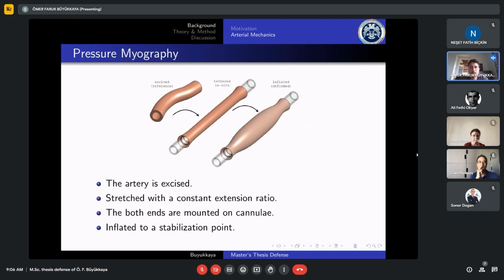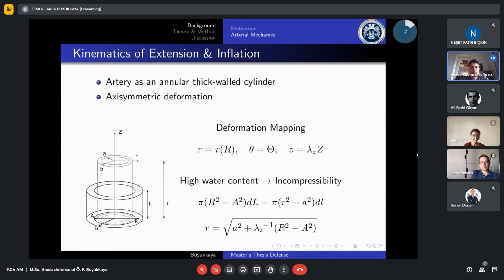When it is inflated with a constant pressure, it is in the deformed configuration. Actually, this procedure can be assumed as an extension and inflation of a perfect cylinder, if the artery is assumed as an annular thick-walled cylinder. This constant extension and inflation is an axisymmetric deformation, which takes place only in radial and axial directions.